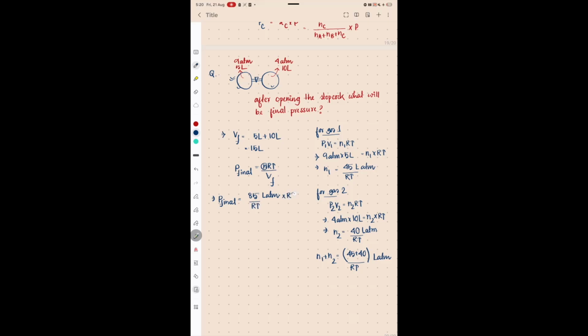I multiply this by RT, and the final volume is my 15 liter. RT got cancelled out, liter cancelled out, so my answer will be how much? 85 by 15, so basically approximately it should be 5.67 atm, right? So this will be my final pressure.